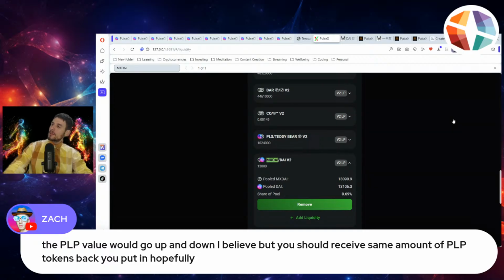And then does that mean some of the PLP will get left over on the contract? Forever burnt on the contract in a way? Or not forever burnt because the next person could just come along and claim it. Interesting little dynamic. I'm sure that there's some method to it.